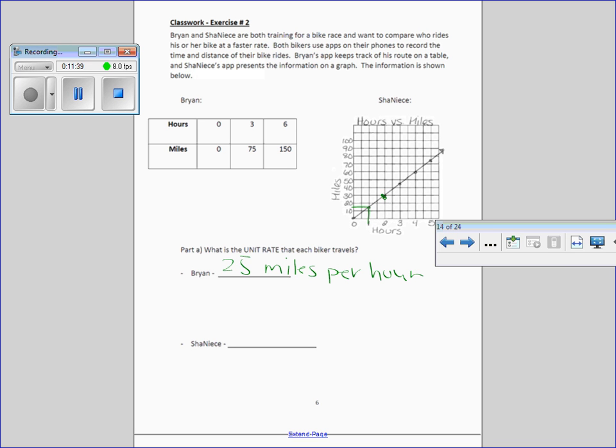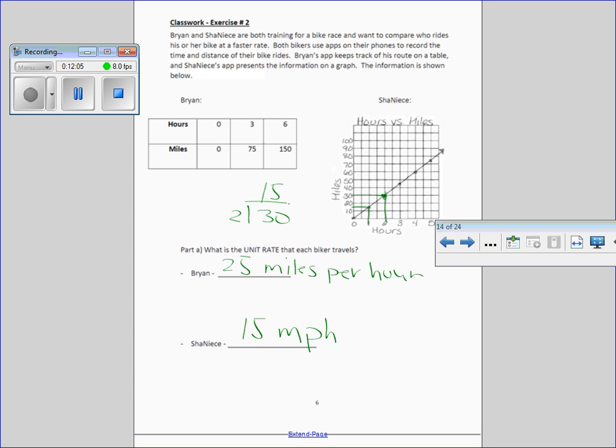Okay, we have a data point at 30 and 2. 15 miles per hour. You know that you can abbreviate miles per hour as MPH, right? That throw you off, or are we good with that? So whose bike goes slower? Whose goes quicker?